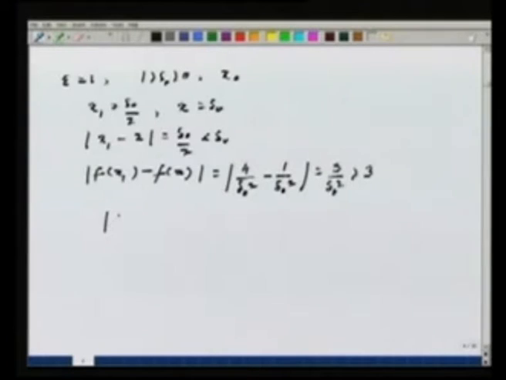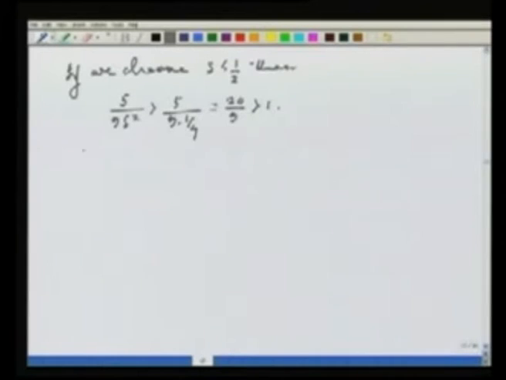This implies mod of f(x) minus f(x1) is not less than epsilon. This implies the function f(x) equals 1 by x square is not uniformly continuous on (0, infinity).